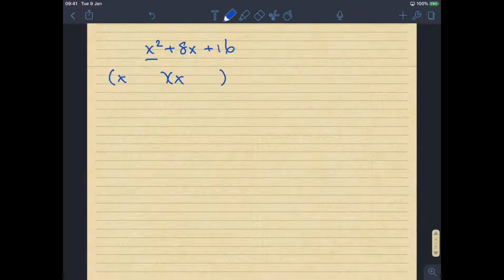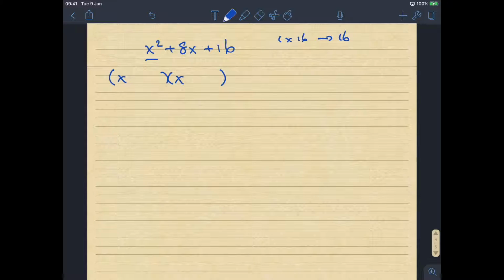But we don't know what signs we'll have in those two brackets, and we don't know what numbers go in them. Next we look at the coefficient of the square term and the last term. In this case, we've got 1 and we've got 16. We multiply them together and we get 16.